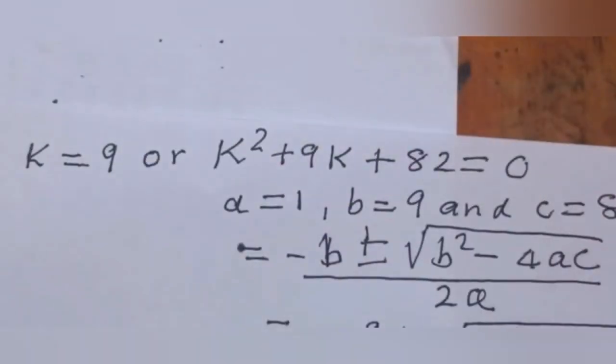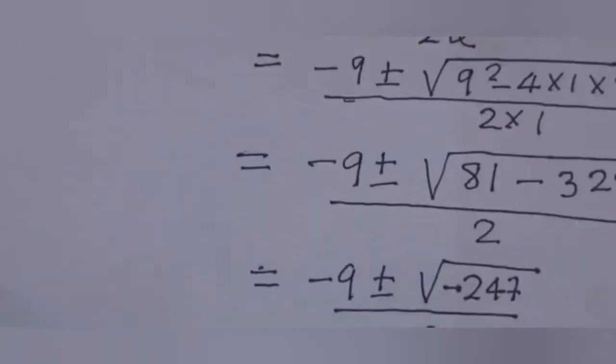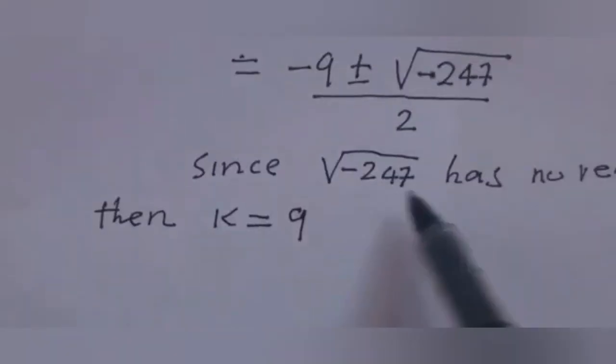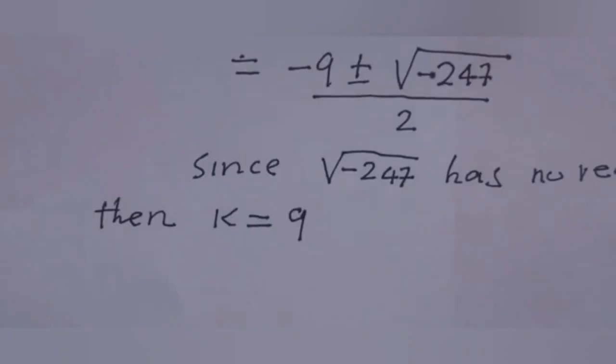This part has ended, it has no root. As you can see, because it's negative, it has no real root. So the only value of k is 9.